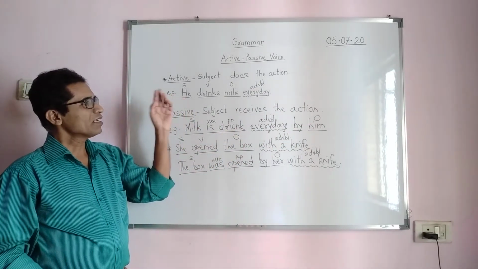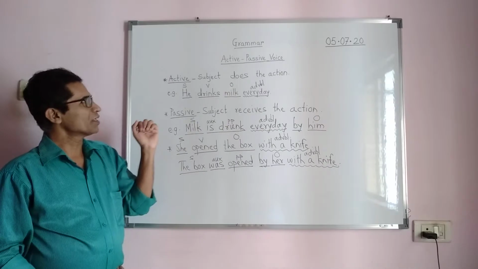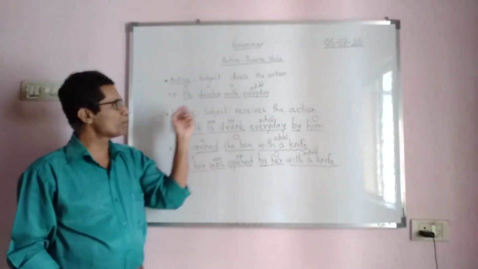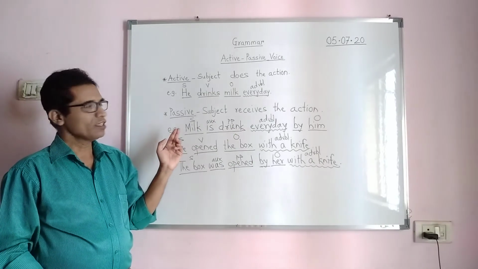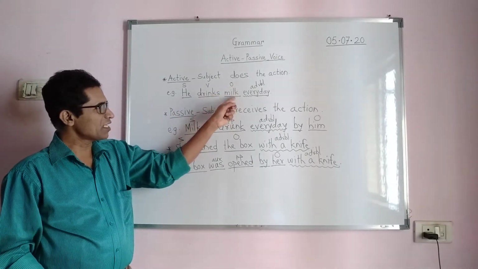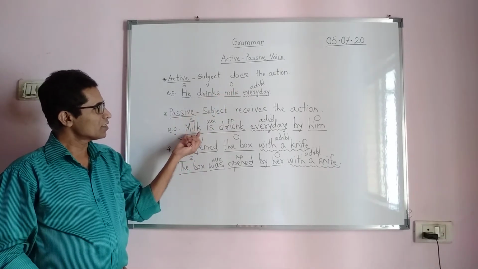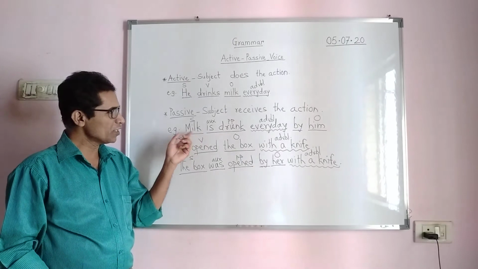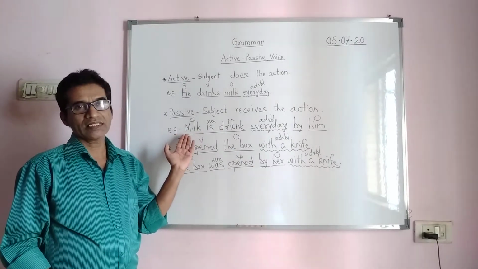So you can tell yourself that when you are changing an active sentence into passive, you have to take the object first. That is why the object milk is taken here, which now in this sentence is the subject.